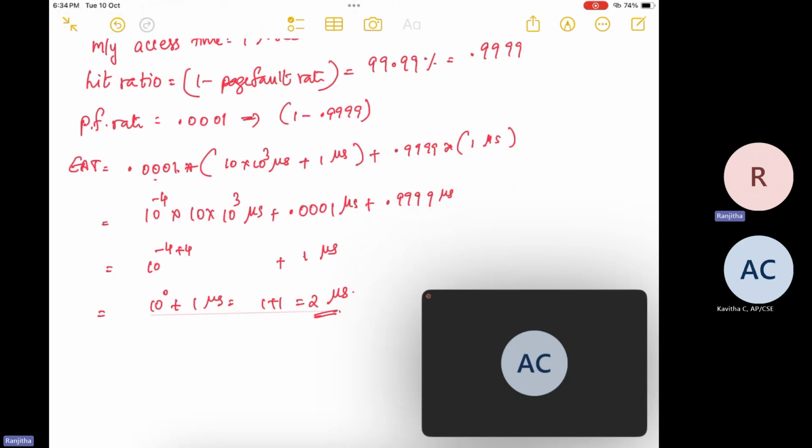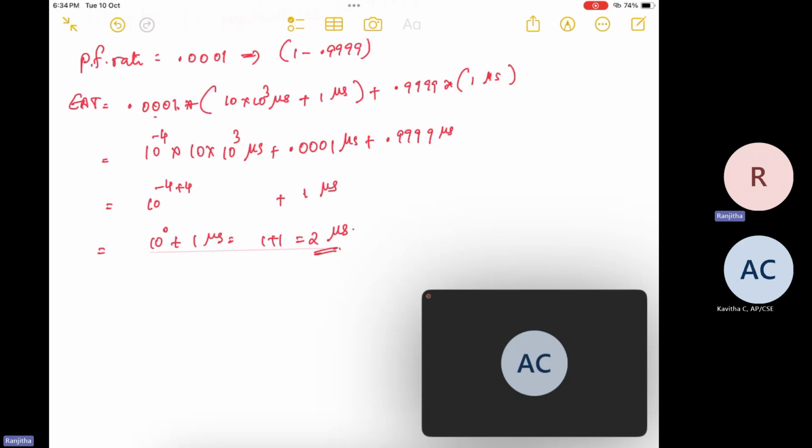Okay, so now let's get back to the page replacement algorithms. As we have seen, the page replacement will occur when there is a page fault. We have seen the page fault and how it increases the memory access time.